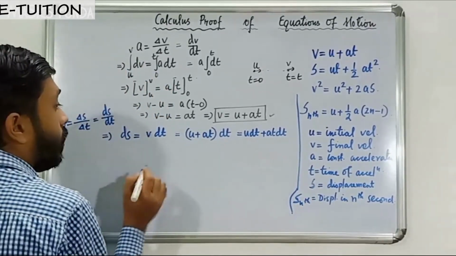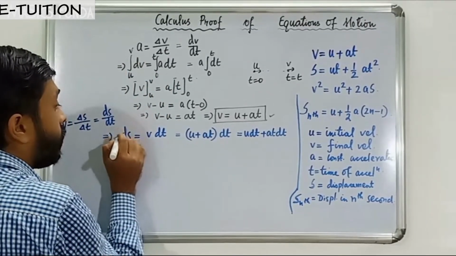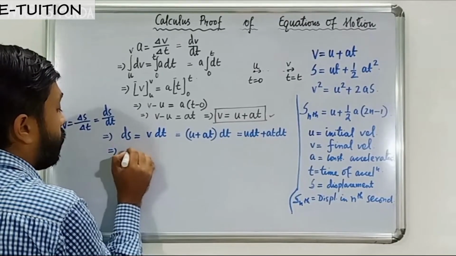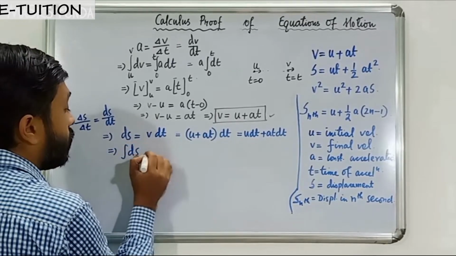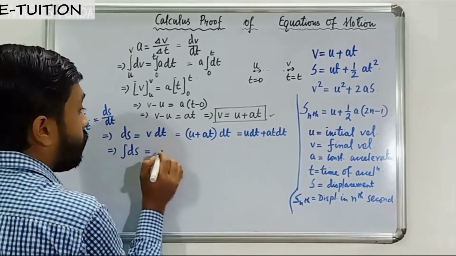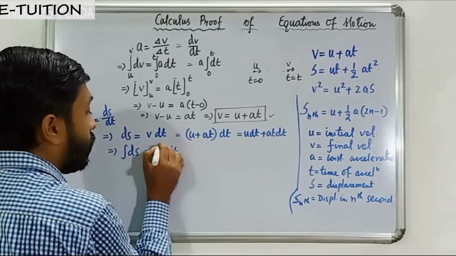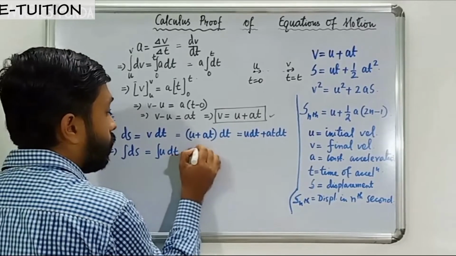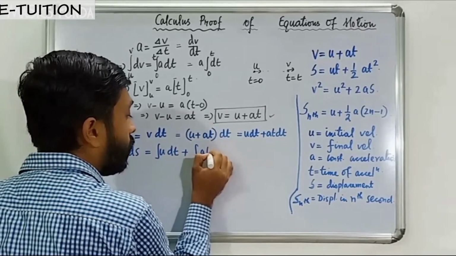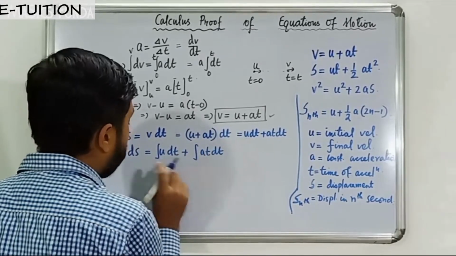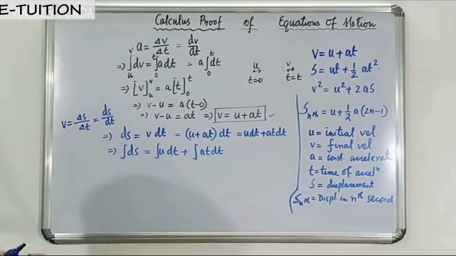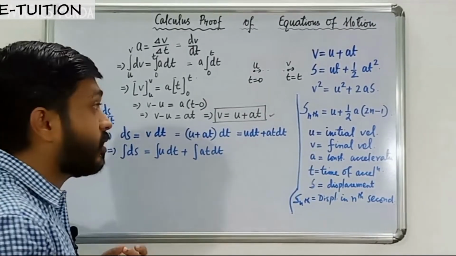Alright, right in this step we can integrate ds, integration of ds equal to integration of u dt plus integration of at dt. What should be the limits of integration?